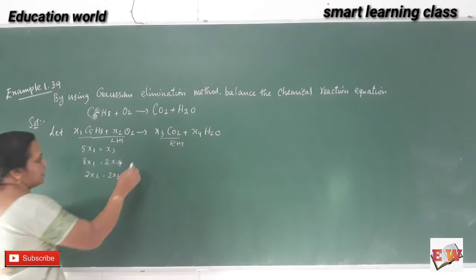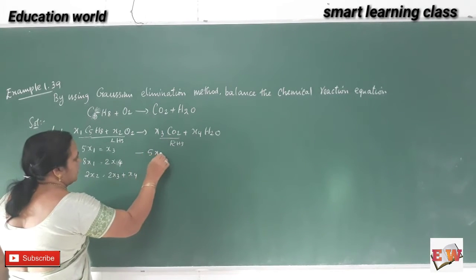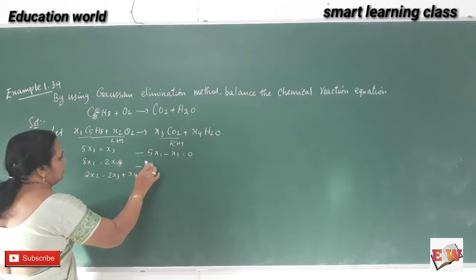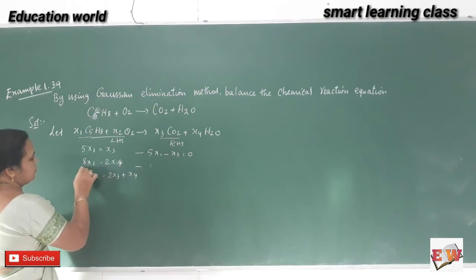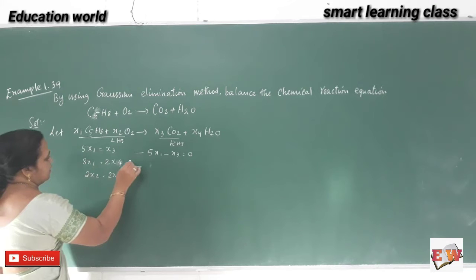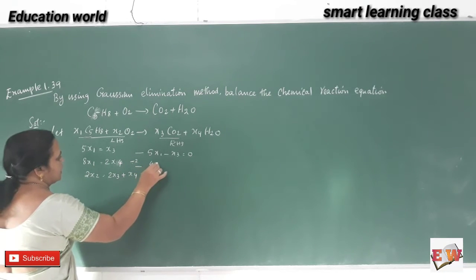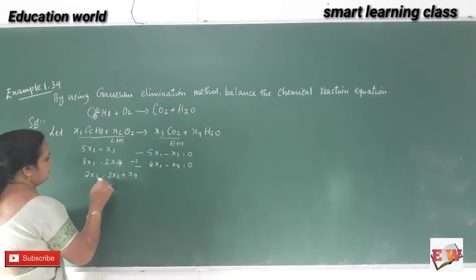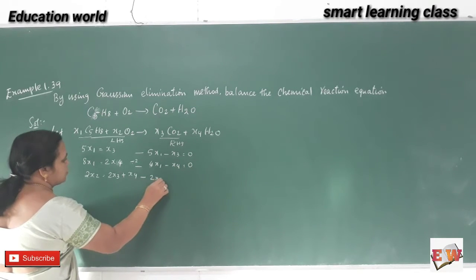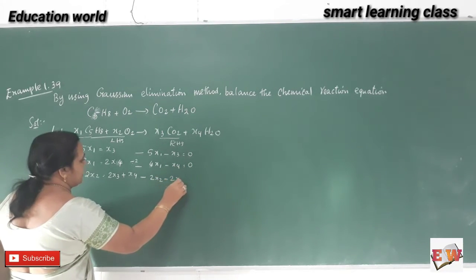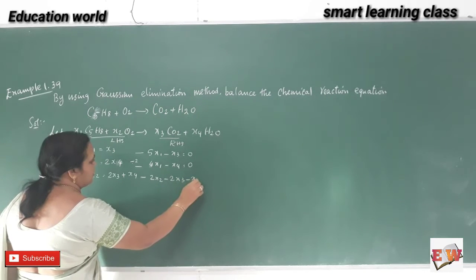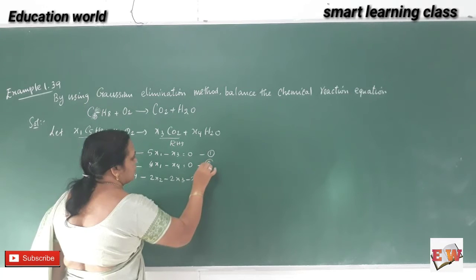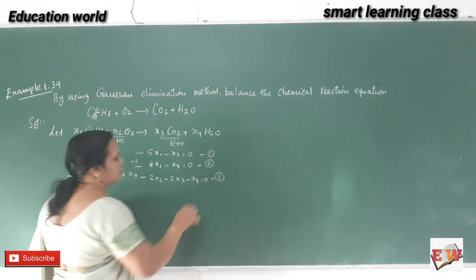Okay, see, I am going to take 5x1 minus x3 is equal to 0. Suppose if I divide by 2, 4x1 minus x4 is equal to 0. Then 2x2 minus 2x3 minus x4 is equal to 0. This is equation 1, this is equation 2, this is equation 3.